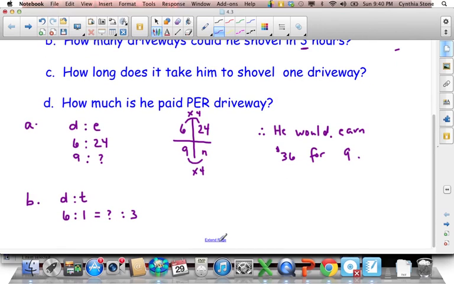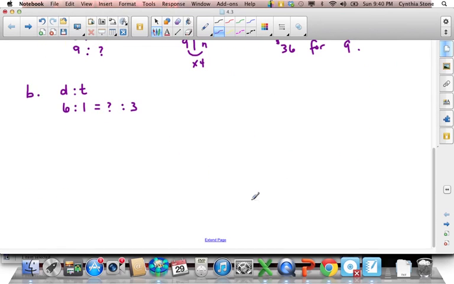And as we have been, we can just use our T-chart to figure this out. This one seems a little easy. I bet you could do it in your head, but just to follow the strategy. 6 in 1 hour is how many in 3? So you can probably see this is a multiply by 3.